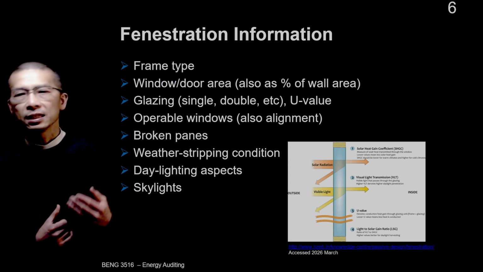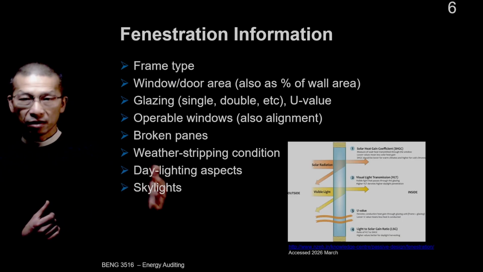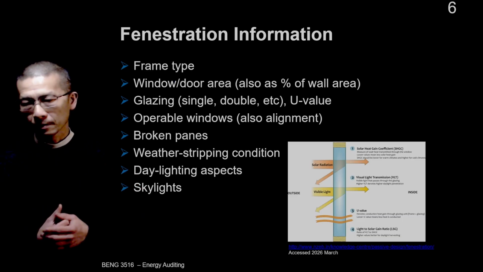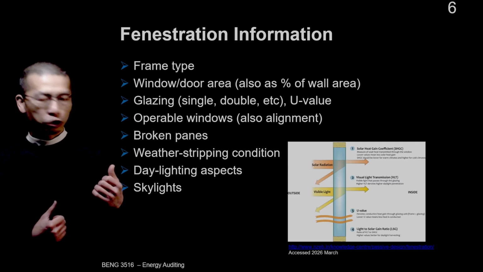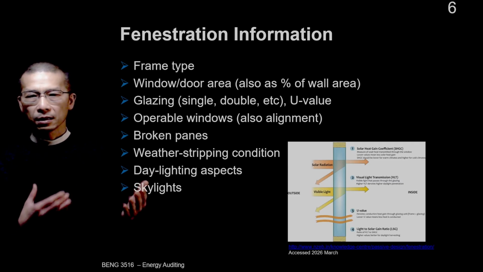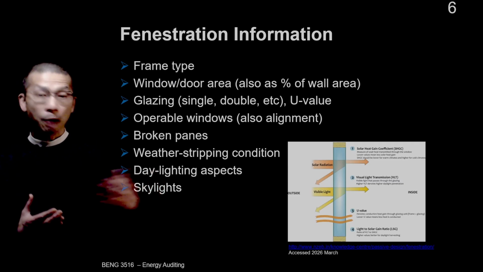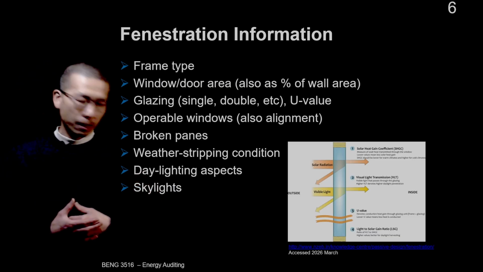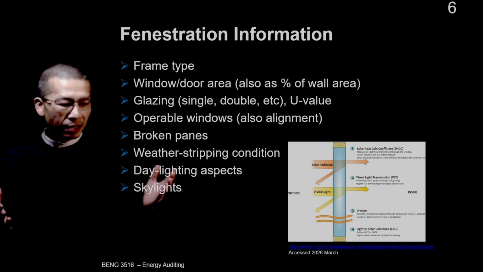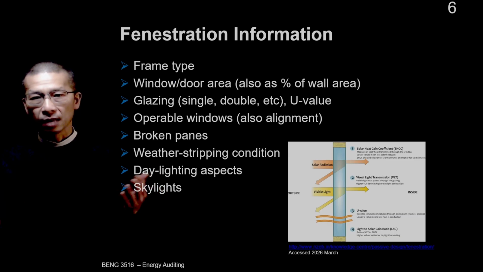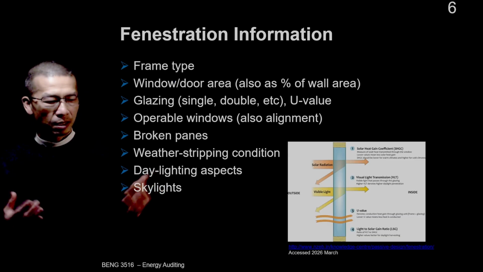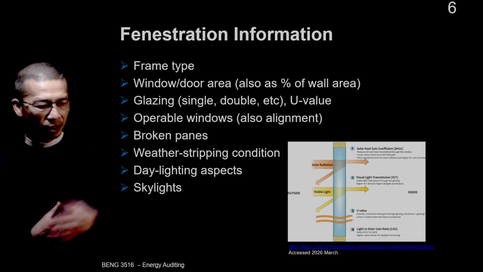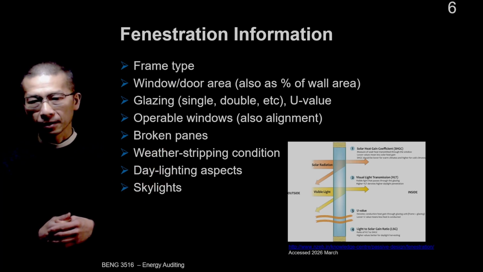This tells us the thermal conduction rate, the thermal heat transfer rate. And we also check, is it operable? Can it be opened or not? If there's any misalignment, then there can be infiltration as well. So these are some of the things that we have to check.